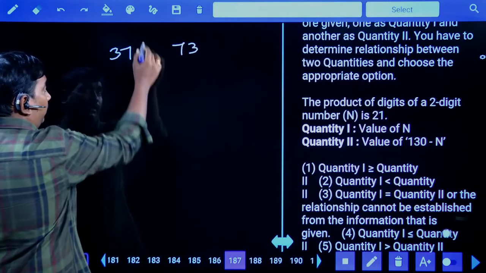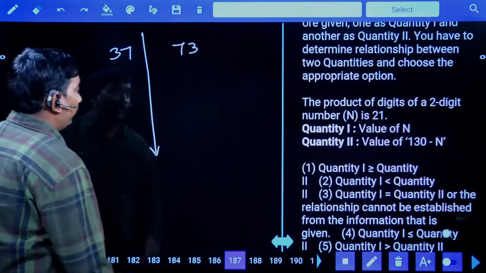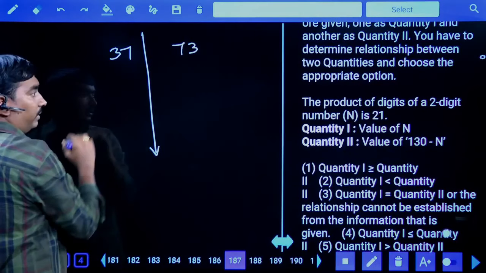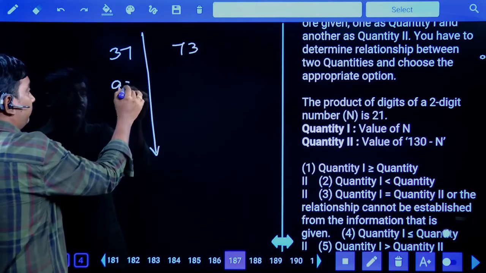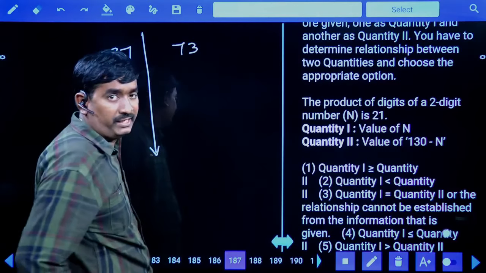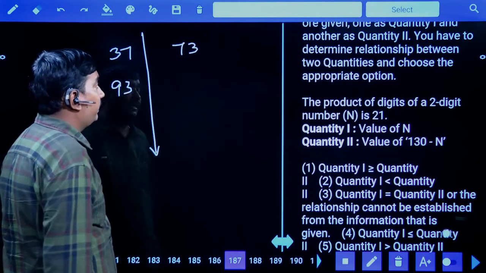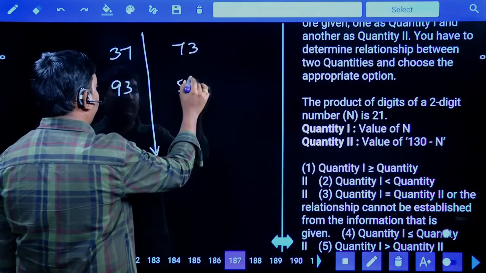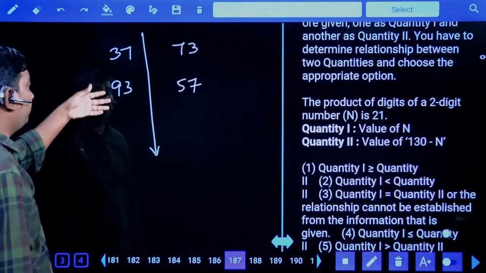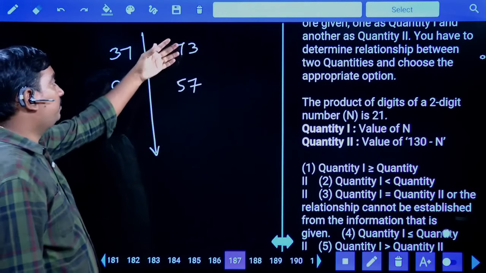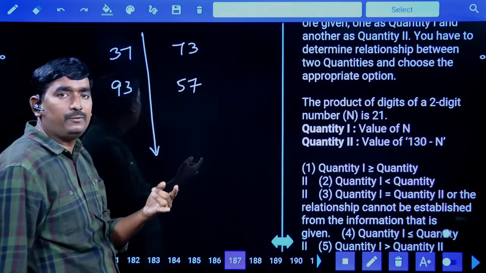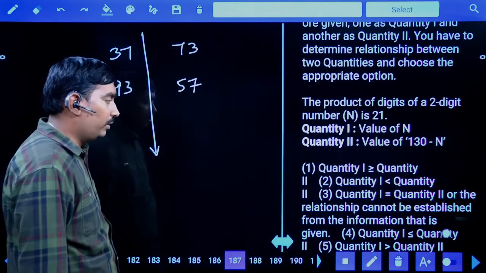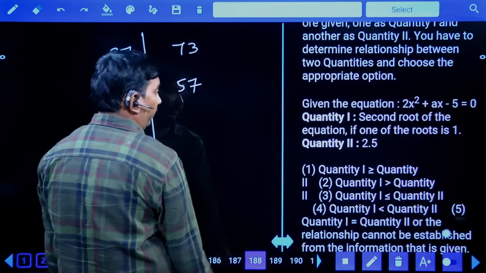Value of n is 37. 130 minus 37 means 130 minus 30 is 93. 130 minus 73: 130 minus 70 is 60, minus 3 is 57. According to the first possibility, 1 is less than 2. Second possibility, 1 is greater than 2. Here I am having 2 possibilities, so your answer will be no relation. Relationship cannot be determined.